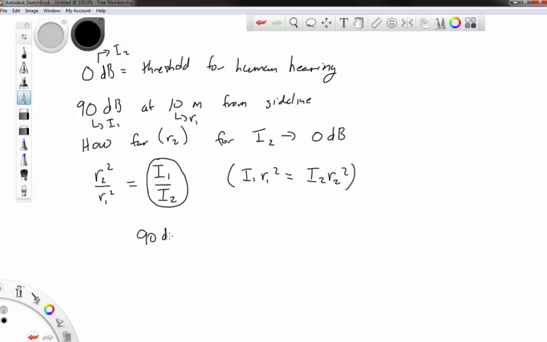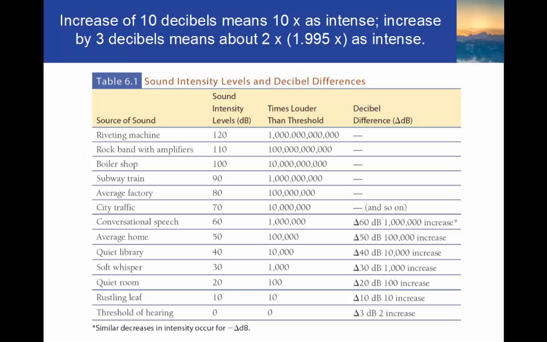90 decibels over 0 decibels is equivalent to a factor of 10 to the 9th. Again, you can get that by looking at table 6.1, sound intensity levels and decibel differences, from the Shipman, Wilson, Higgins, and Torres physical science text.